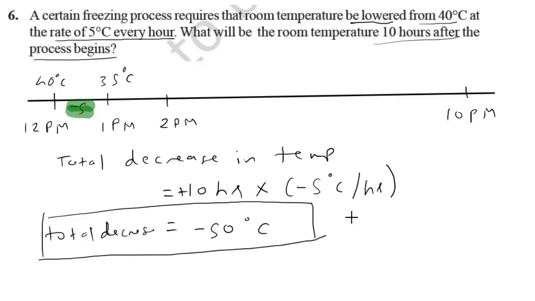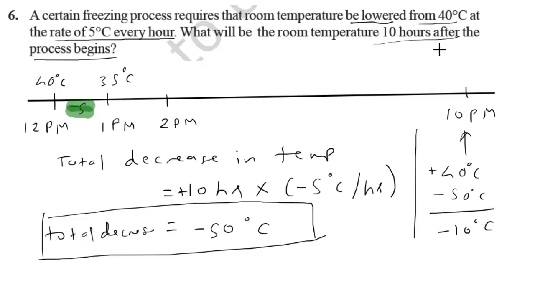So at 10 p.m. the temperature will be 40 degrees Celsius minus 50 degrees Celsius, that will be equal to minus 10 degrees Celsius. The sign of 40 degrees Celsius is positive, and the decrease is minus 50.